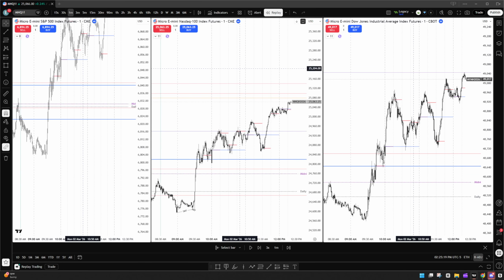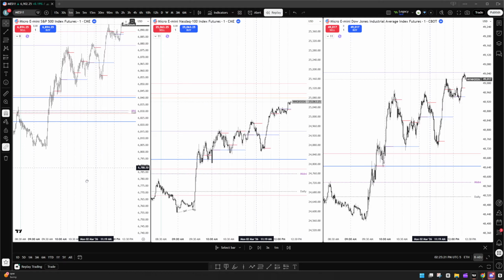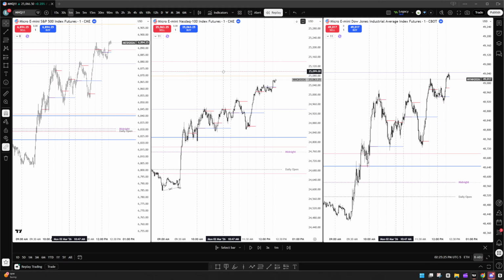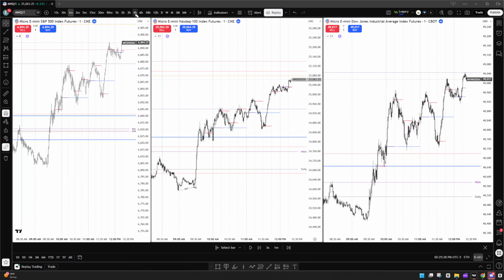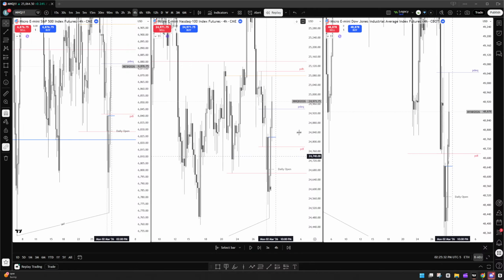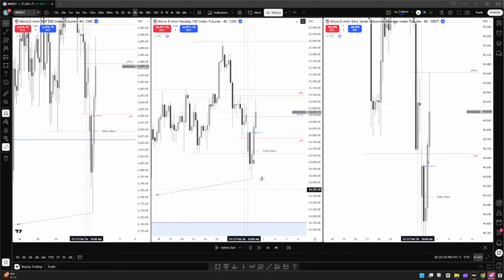Well, dang, dude. I am interested as to why you thought this. The short thing is confusing, because we had such strong bias last night, and even if you don't have strong bias, you have to take the higher time frame and go down. At the very minimum, we have a monthly SMT at the low.